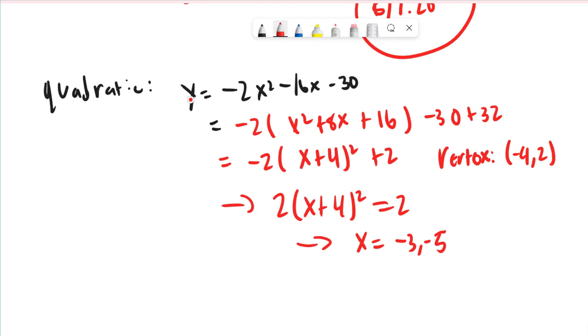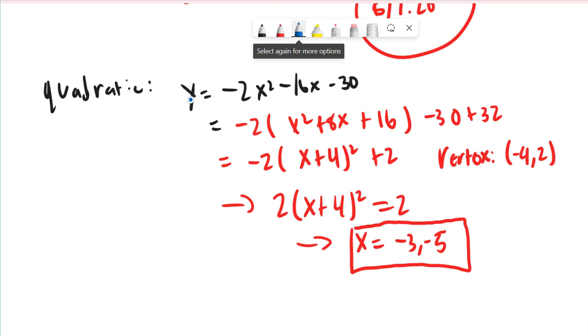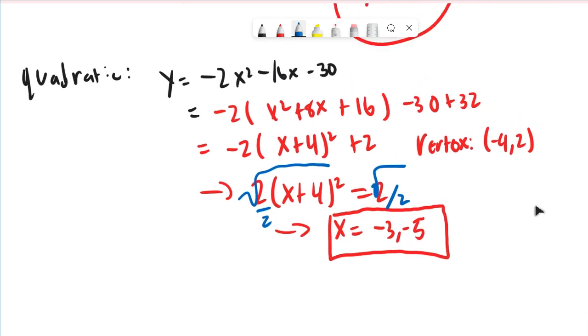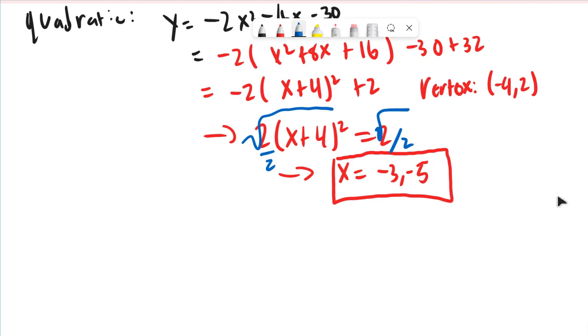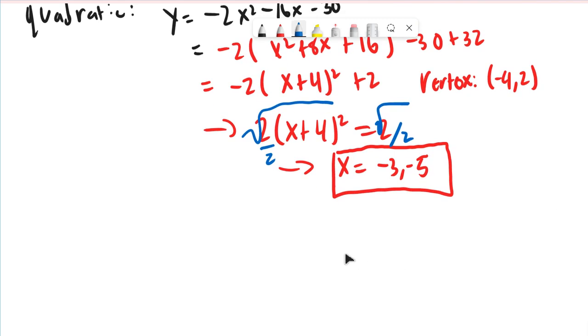Okay, so these are the x-intercepts. And if you're wondering how I did that, make sure that you divided by 2 first, that you took the square root afterwards, and that you accounted for the plus and minus 1. And then from there, that's where you get the minus 3 and minus 5. But my whole point is that once you complete the square, then everything kind of falls through.